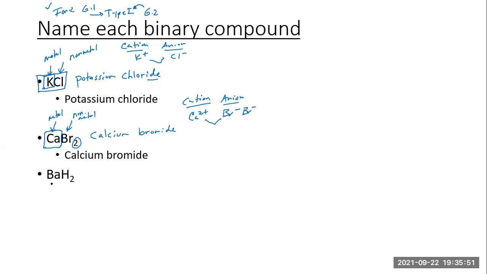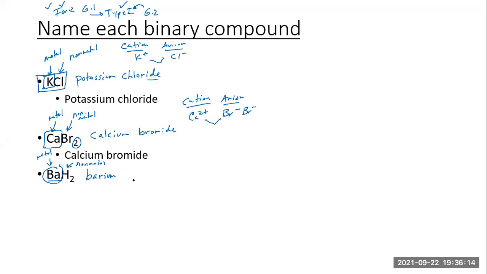This is an interesting one. This is Ba, which is a metal. Remember that hydrogen is actually a nonmetal. So again, this tells us ionic. Looking at barium, which is group 2, tells us it's type 1. That's all we need to name it. We would use the whole name, which is barium.